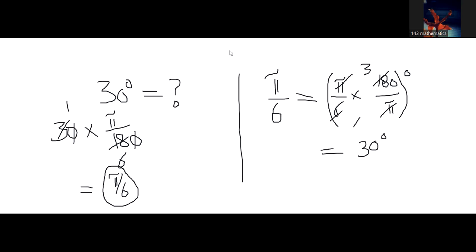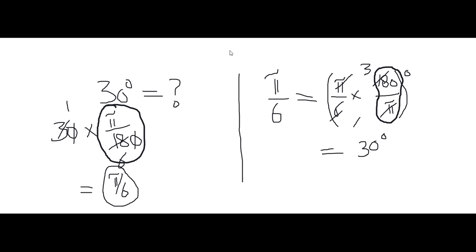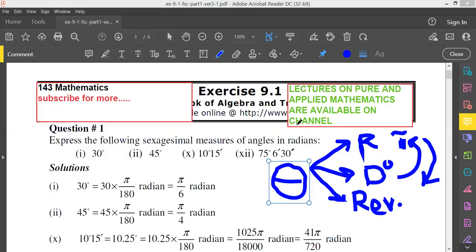So simple, this is the procedure to convert a radian into degree and degree into radian. This is the formula to convert degree into radian. This is the formula to convert radian into degree. This is a simple formula. If we come to our questions, the procedure will be simple.